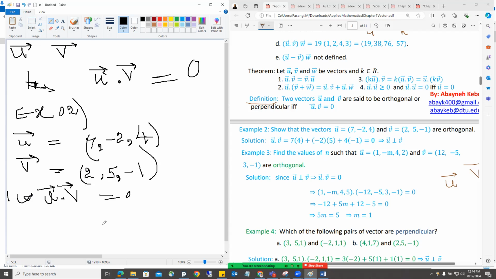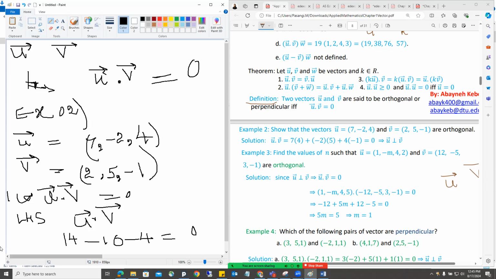That's what we learned. We consider the left-hand side, so we take the dot product of u and v. How are we going to calculate this dot product? 7 times 2 is 14. -2 times 5 is -10. 4 times -1 is -4.